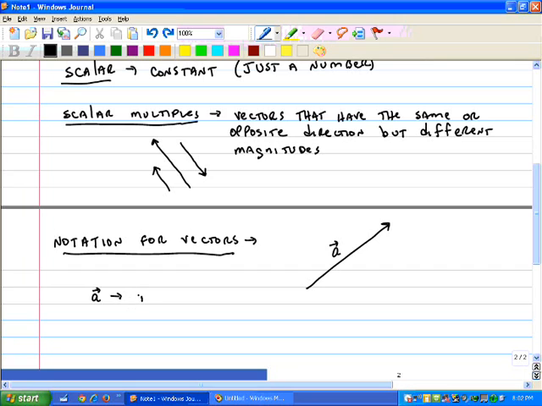This notation indicates the vector A. It can be a capital letter, it can be a small letter, it could be a combination of letters. For example, this vector could be called XY.